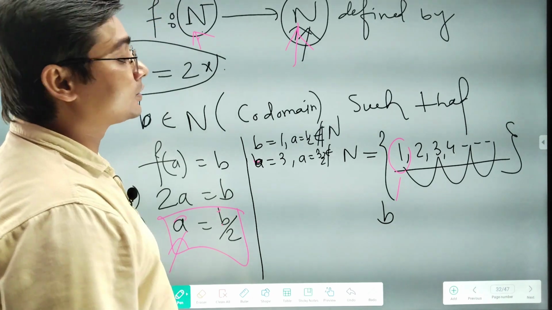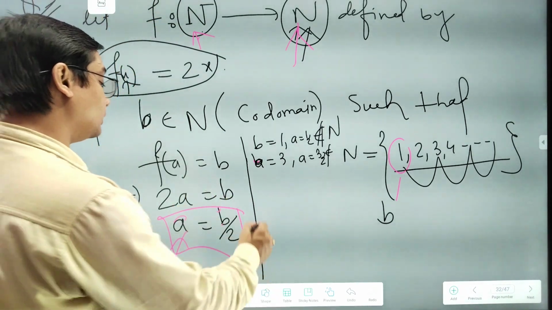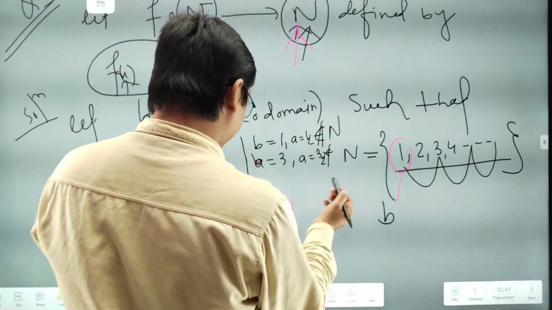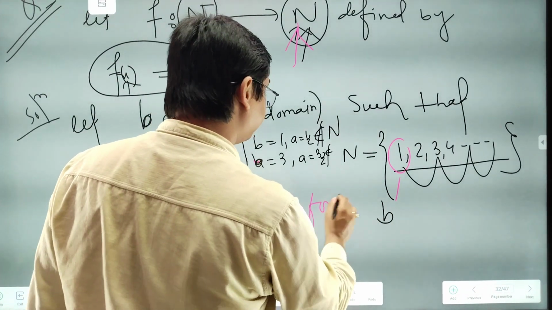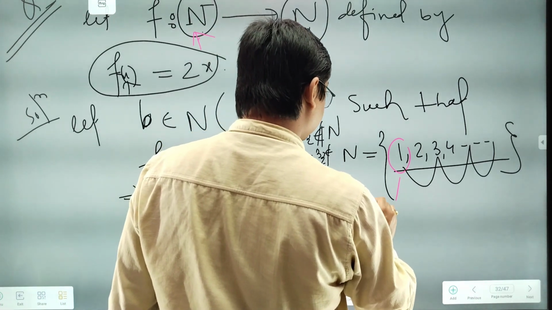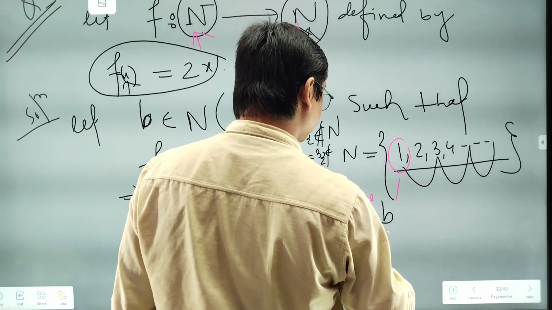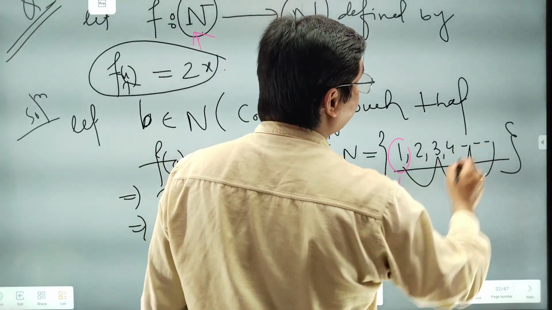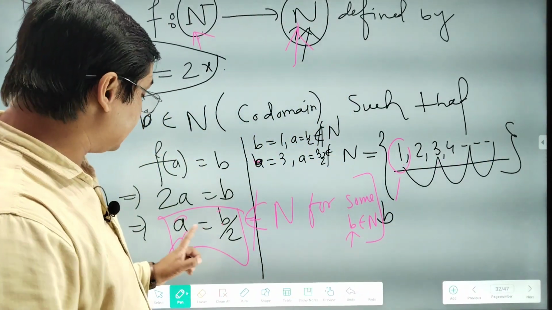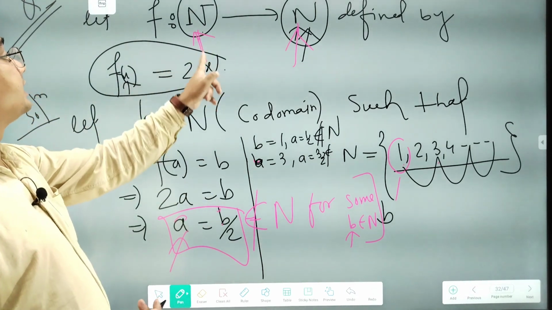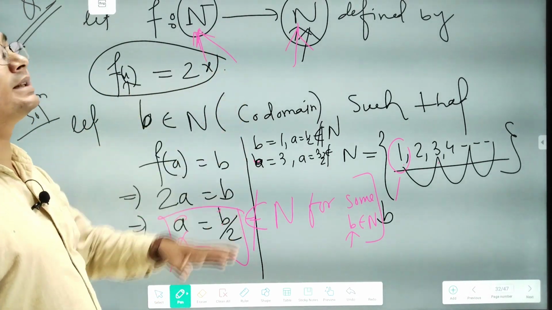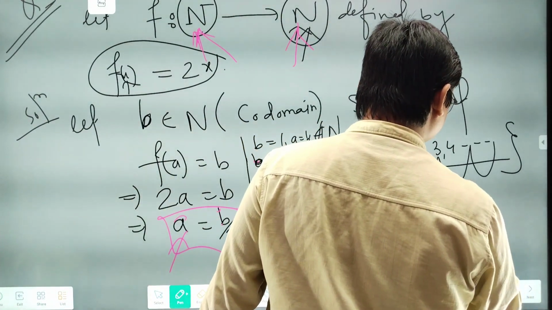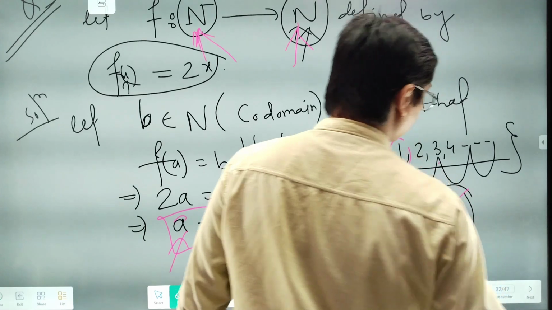That means this function is not onto. For some B belonging to capital N, like 1, 3, 5, A will not be in the first set. That means this function is not onto.